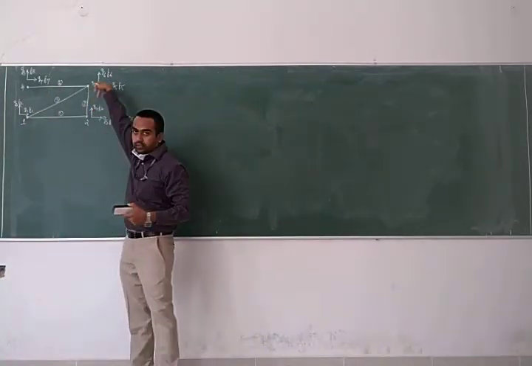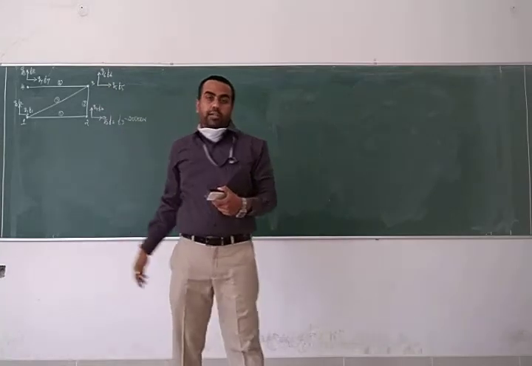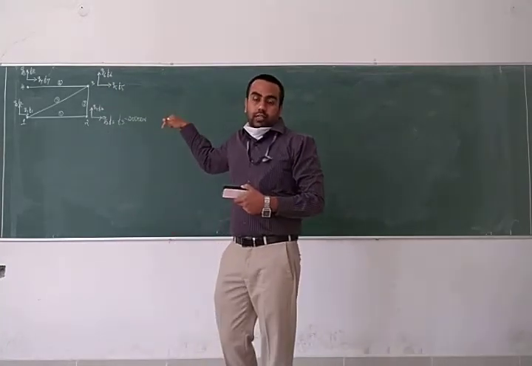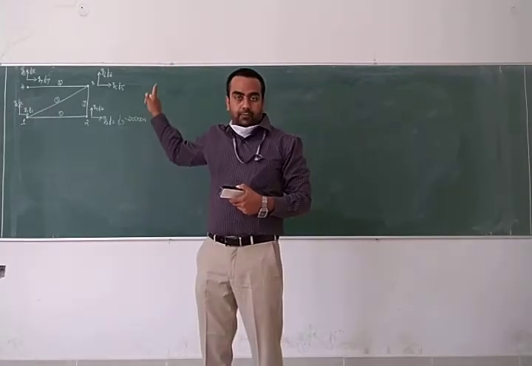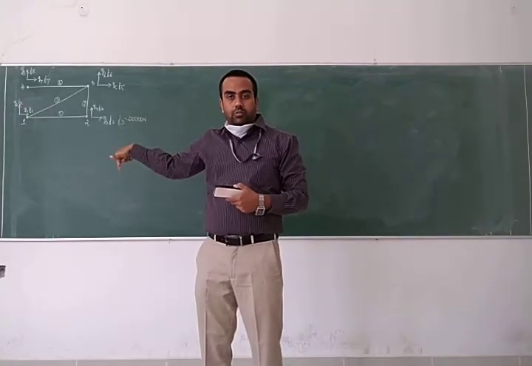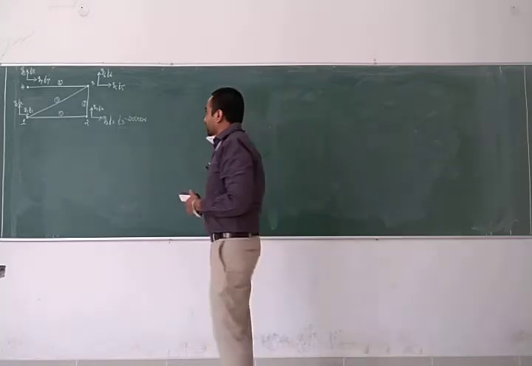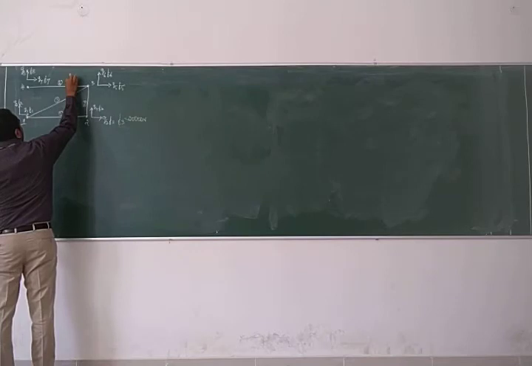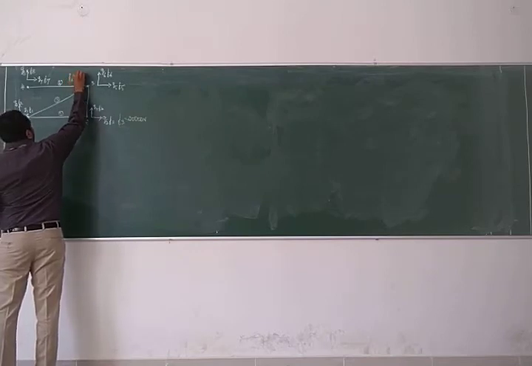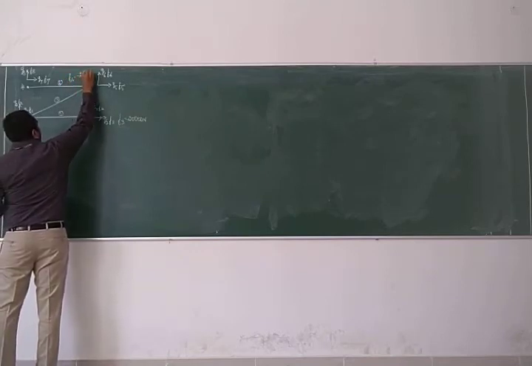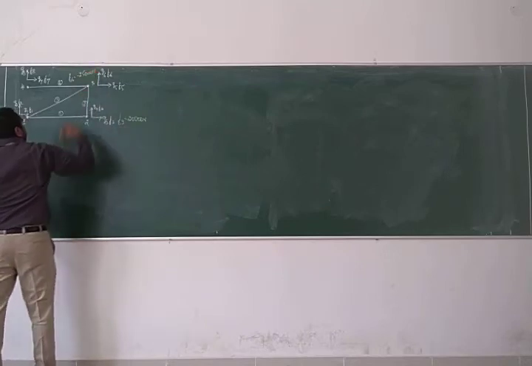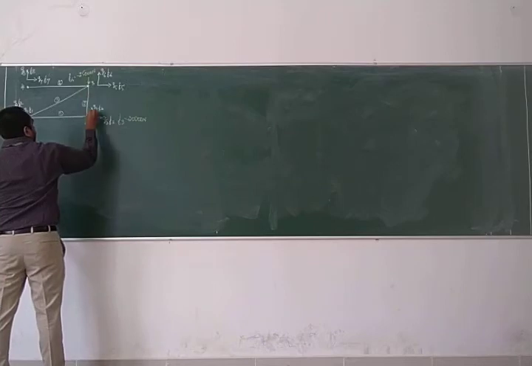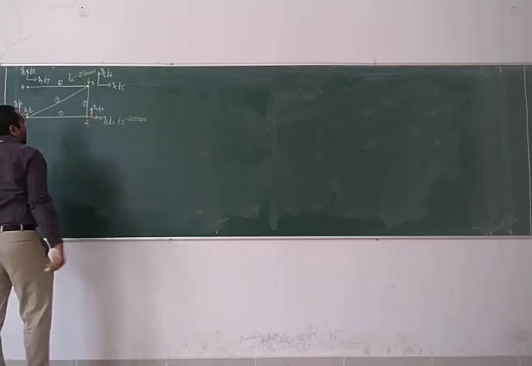At node 3, in the downward direction, there is a force of 25,000 Newton acting. Now, the conventional y direction is upwards, so the force acting downwards will be taken with a negative sign. So F6 will take the value as minus 25,000 Newton.